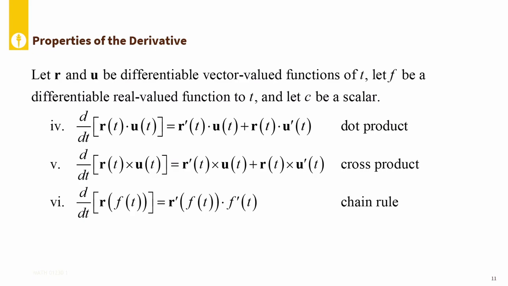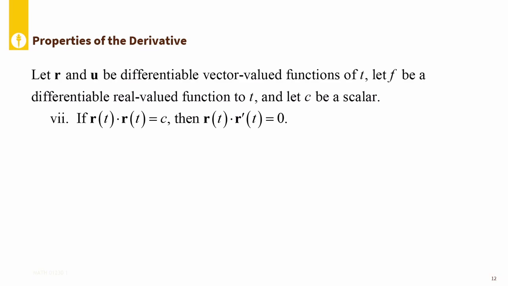There is one interesting property, though. If a vector dot itself is a scalar, then the vector dot its derivative is 0. And by scalar, I mean a constant.